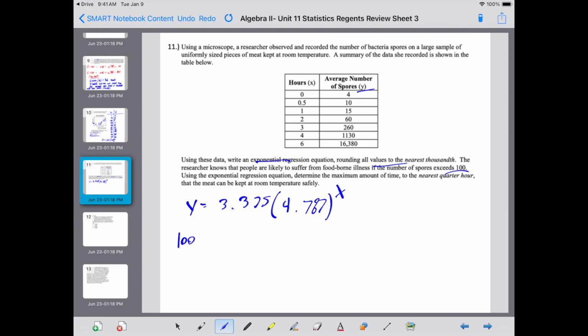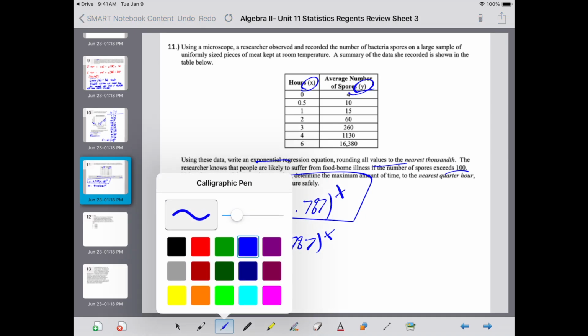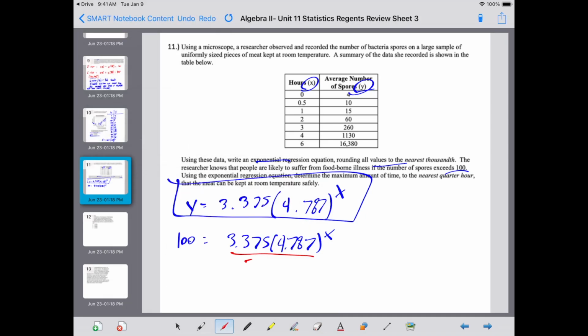So it exceeds 100, so we can start at 3.375 equals 100. I used x and y because that's what was used here. Isolate the base. Convert to log base form. So log base, argument equals exponent.